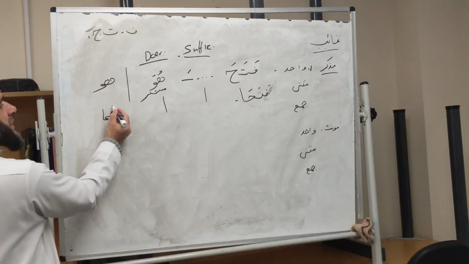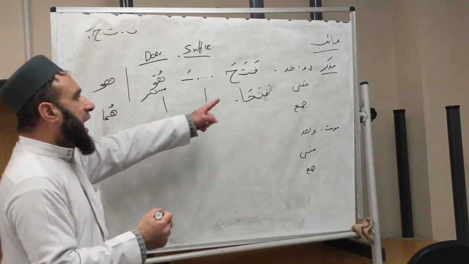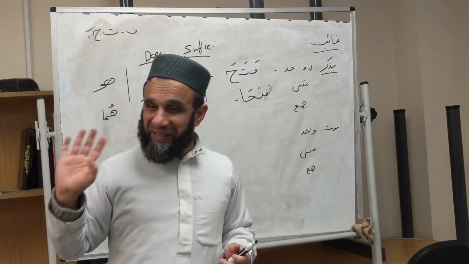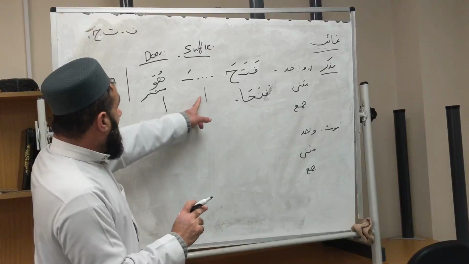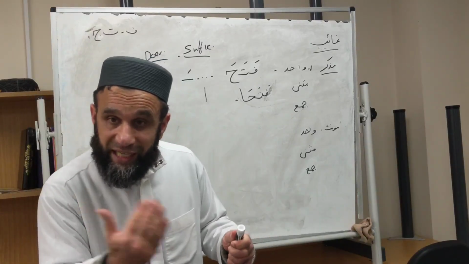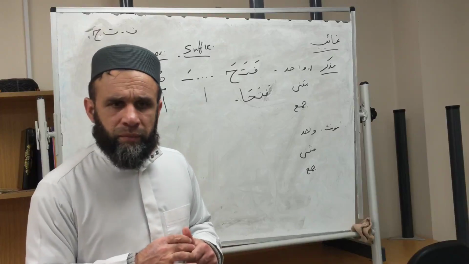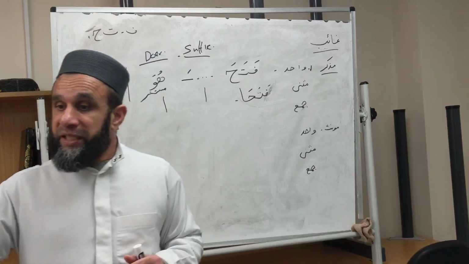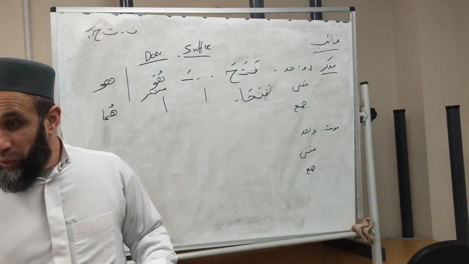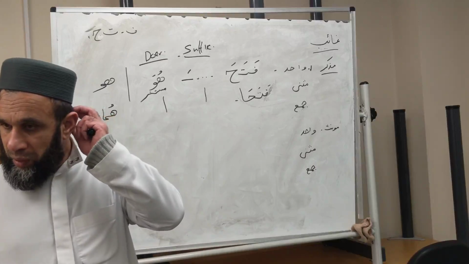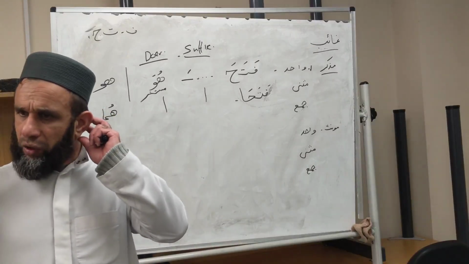Fataha. So which zamir is it representing? Huma, although it is not written. Fataha means huma fataha, they two opened. But this alif is equal to huma. This is zamir rafa as well, which is attached. The alif is representing huma actually. There is no concept of Fataha Huma, only Fataha always.